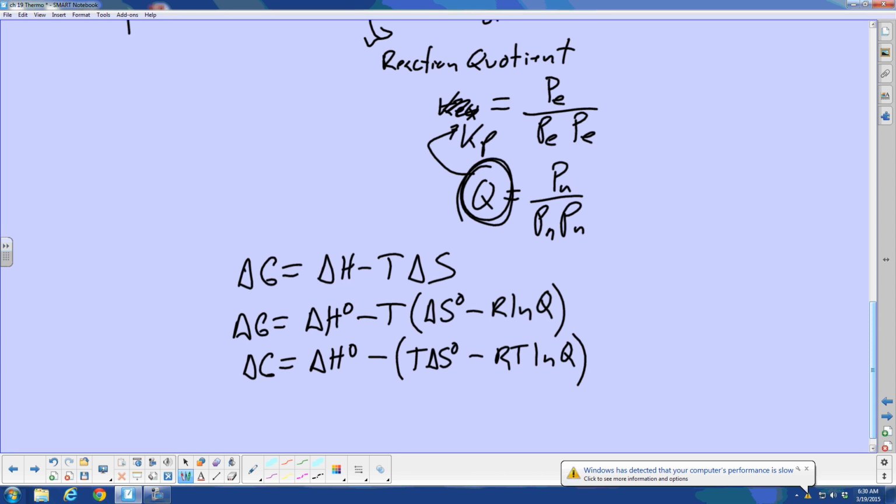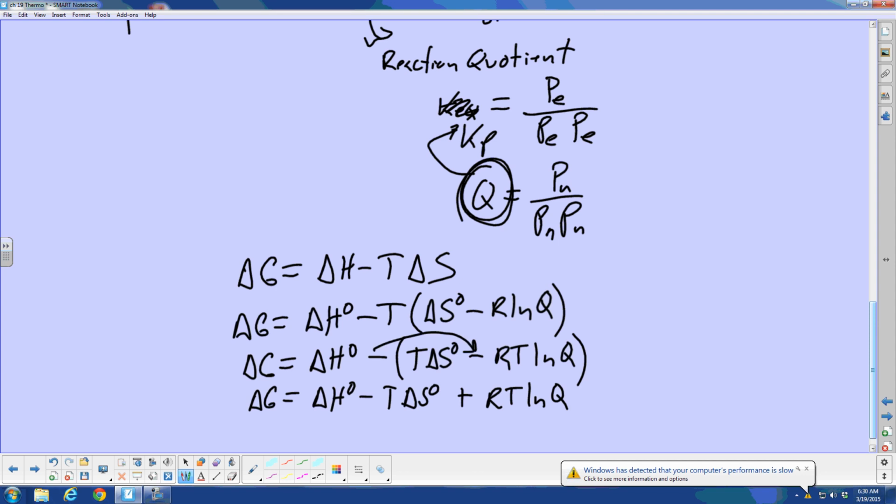Looks good to me. And now I'm going to multiply through by my negative 1. So delta G is equal to delta H minus T delta S plus RT natural log of Q. I just multiplied my negatives through.